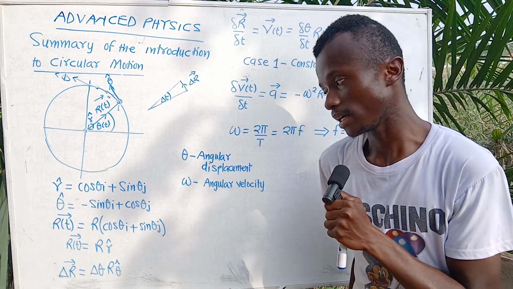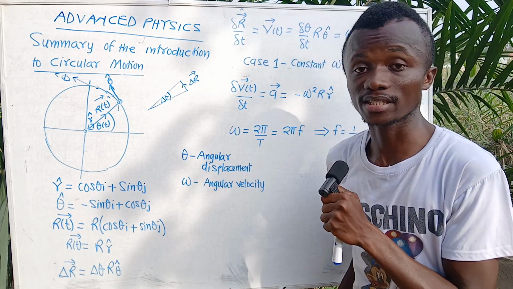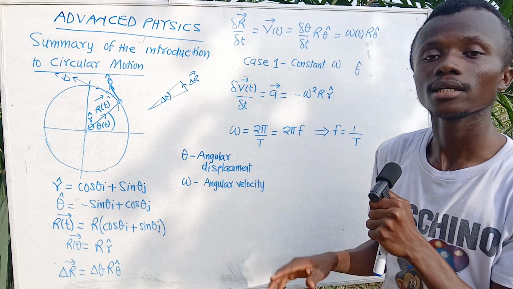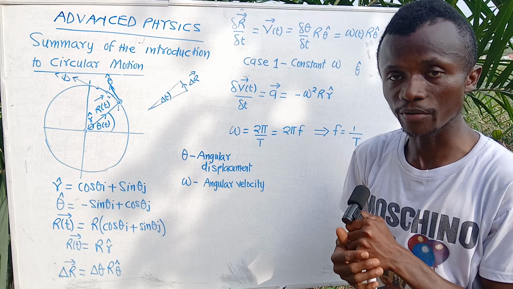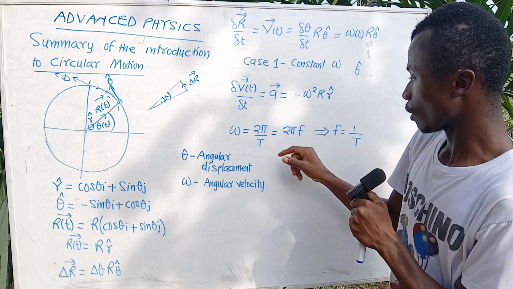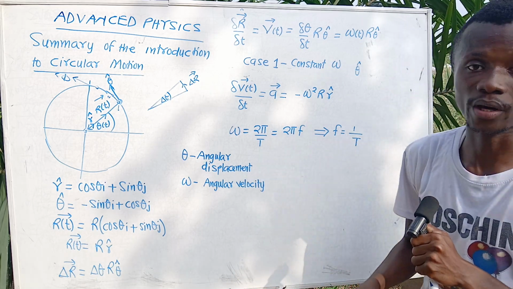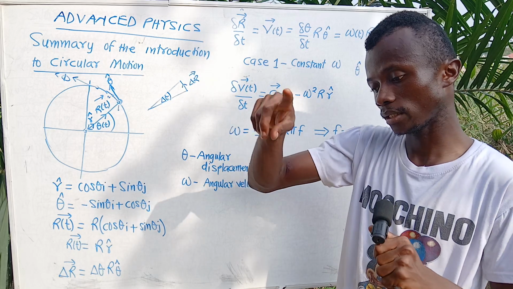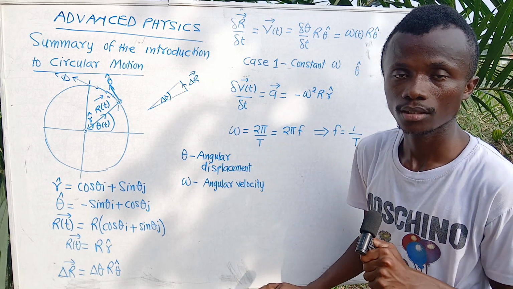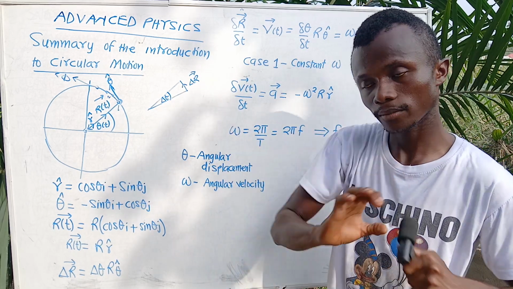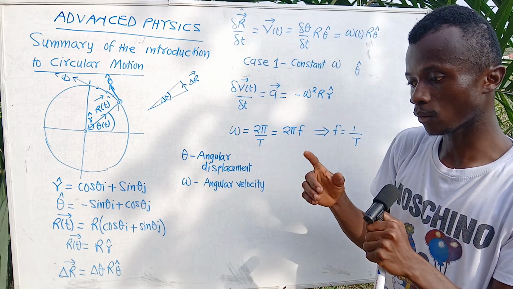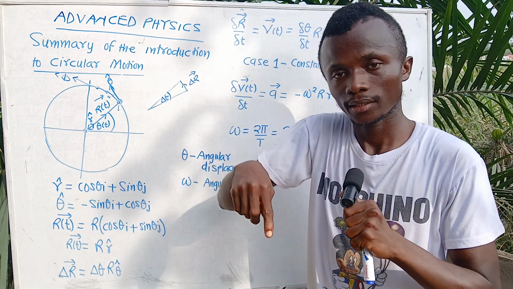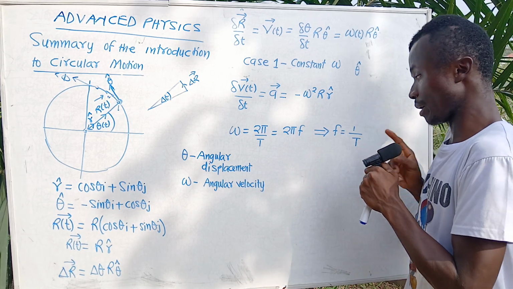The last parameter is omega is 2 pi over T. 2 pi is the angular displacement for a complete revolution, and capital T is a period. And 1 over T is defined as a frequency. The frequency is the number of revolutions per period. So if within every period it undergoes 1 revolution, then the frequency is 1 revolution per period.